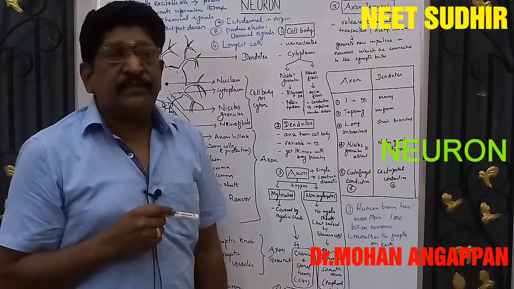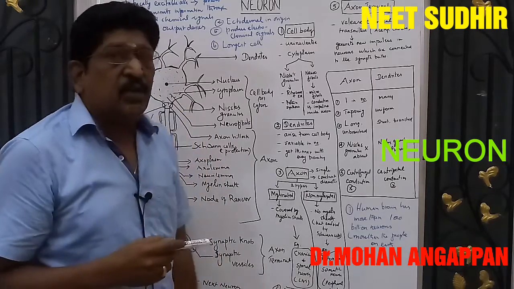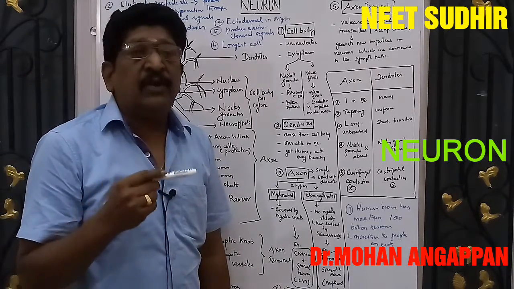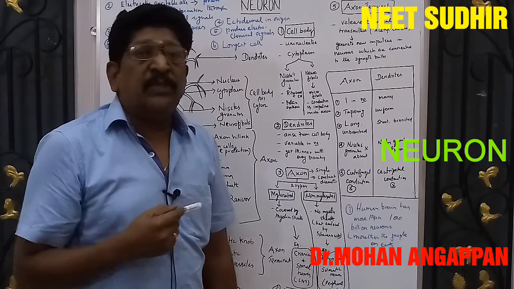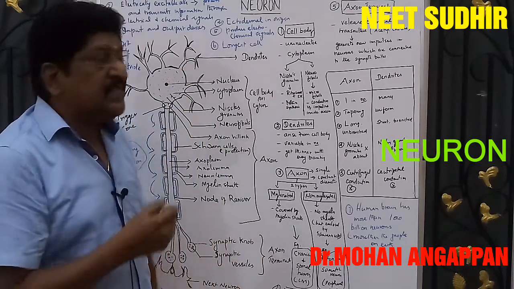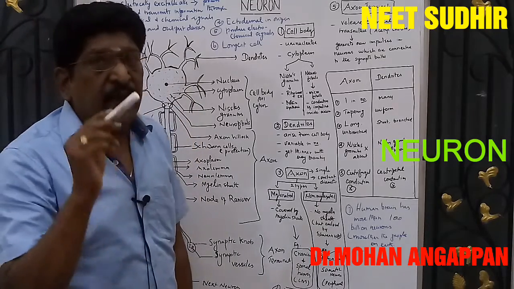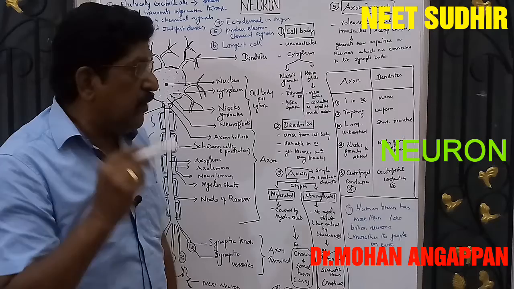What's the reason for that? They don't have centrioles. The centriole is the actual organelle for the formation of poles during cell division. The centrioles are absent in the neurons, so they never divide.